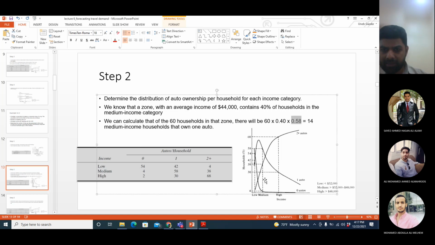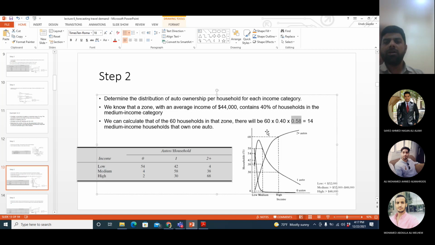Okay, and this is the line for 0. So if you go from low income to the 0 car category, you find 54%. So 54% of households have low income and 0 cars. If you want to calculate how many households for each income category and car ownership, you have to have these curves. Then from these curves you draw the line from each income category towards the curve for your auto ownership, and then you go towards the y-axis and find out the percentage.